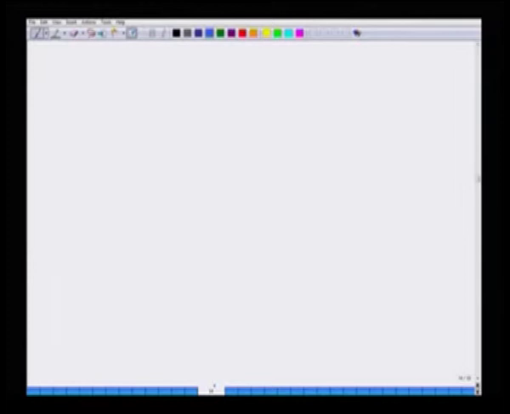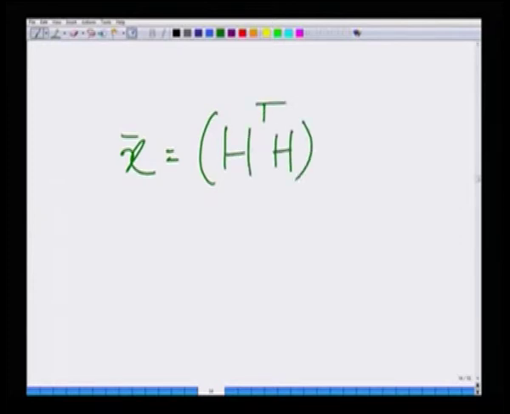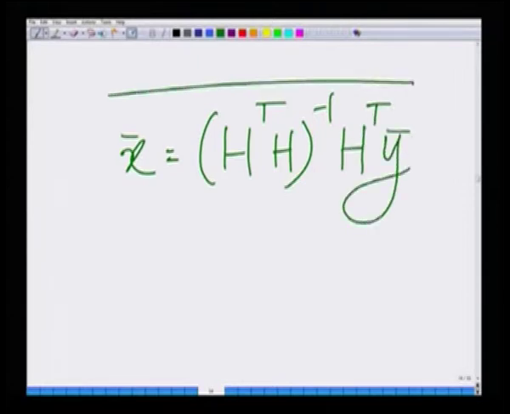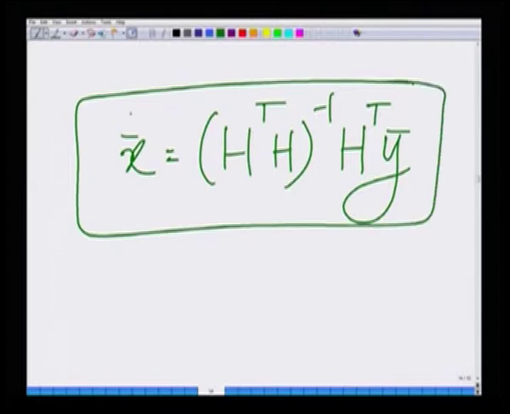Hence, as a result we will get x bar equals h transpose h inverse h transpose y bar, and this is nothing but the estimate of x. Given H, given the received symbol y, I can estimate x hat as H transpose H inverse H transpose y bar.